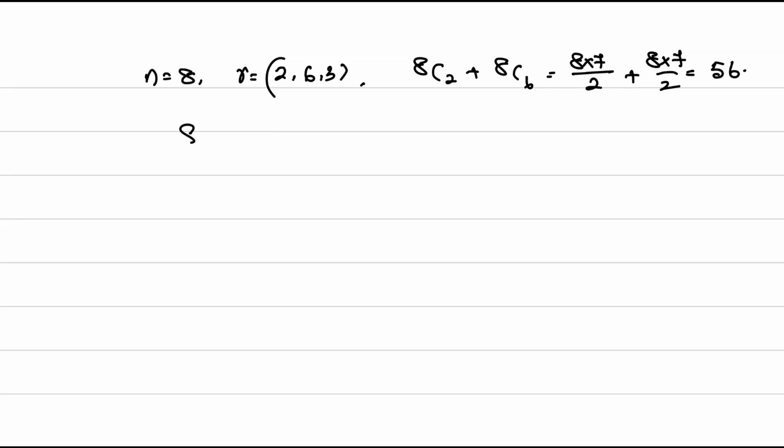What is 8C3? That is equal to 8 into 7 into 6 divided by factorial 8 minus 3 factorial 3. Factorial 3 is 6.